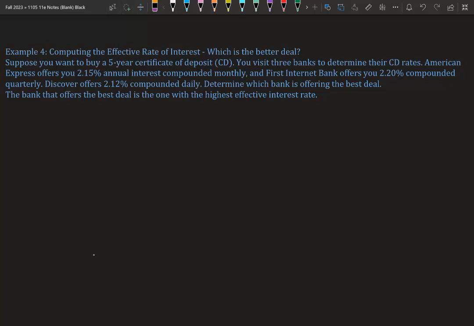Since it says compounding monthly, quarterly, and daily, we know we're going to be using our compounding n times per year formula. So we want to know what the effective rate is compounded a certain amount of times. We're going to be using R sub e equals (1 plus R over n) to the power of n, minus 1. So we have 3 banks that we're comparing.